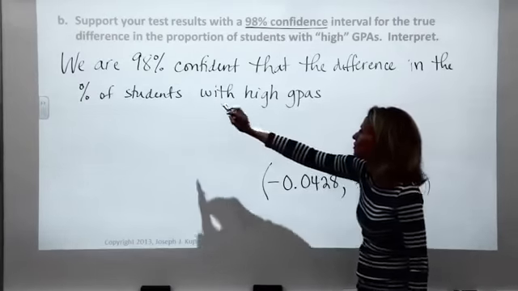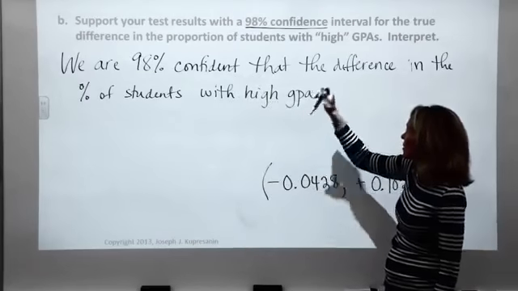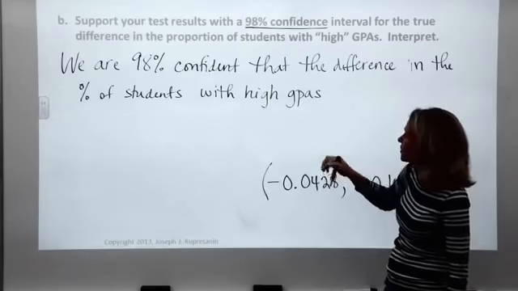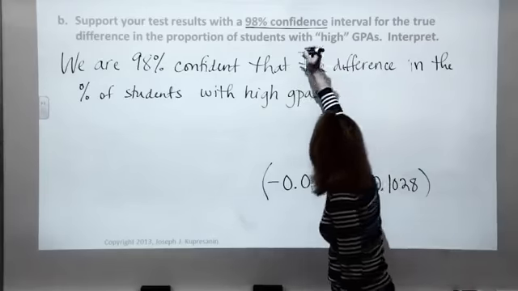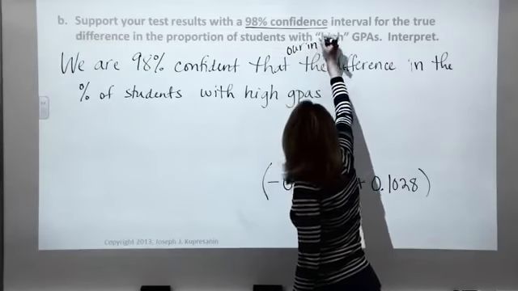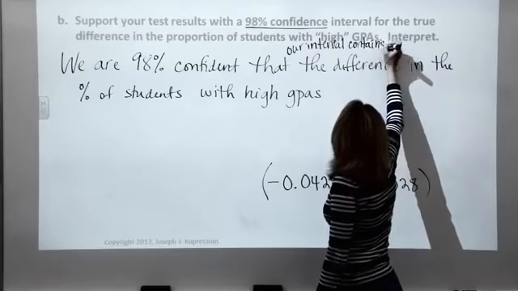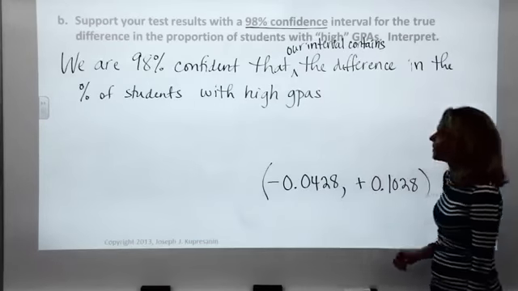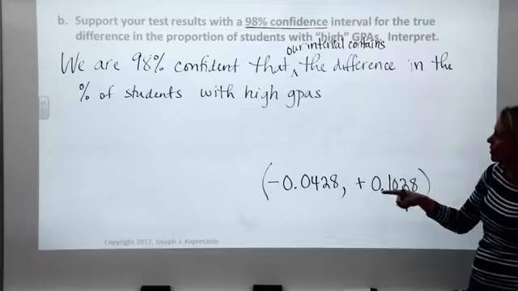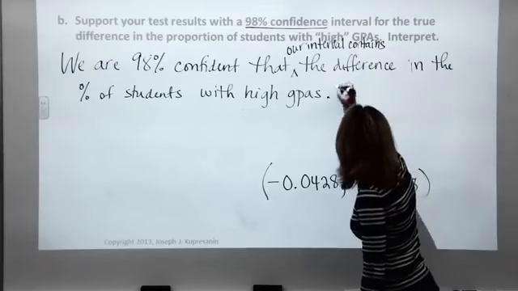I wish I had said this a little differently. We're confident that the interval contains that difference. Our interval, I'm going to squeeze that in here, contains, it's not quite the same thing if you say it the way I was headed. The difference in the percentage of students with high GPAs, difference.